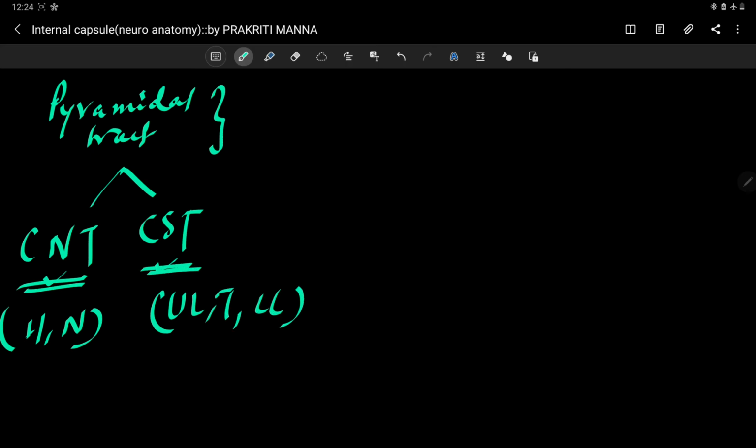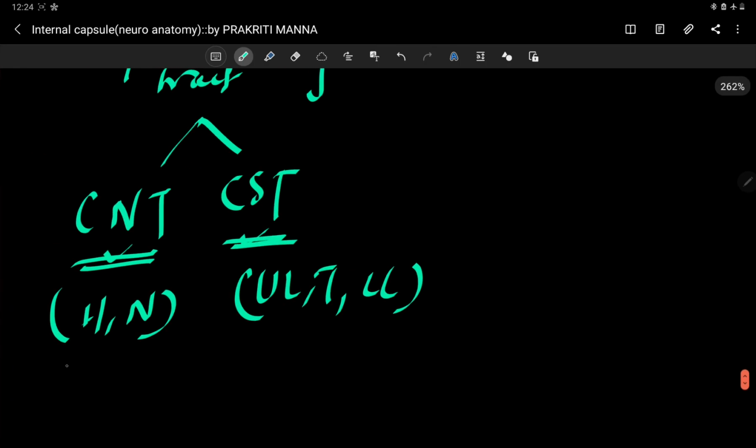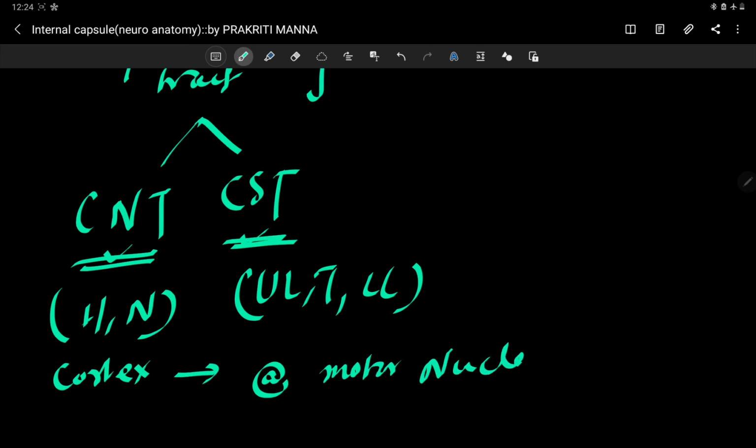Why is this called the corticonuclear tract? Because the motor fibers arising from the cortex end or terminate at the level of the motor nuclei of cranial nerves.